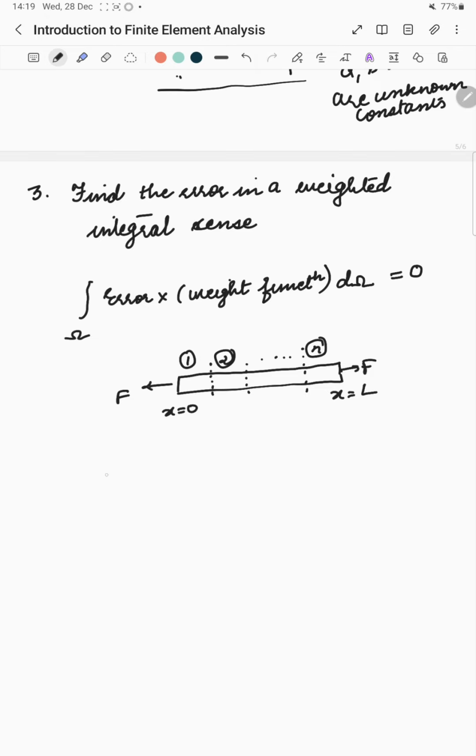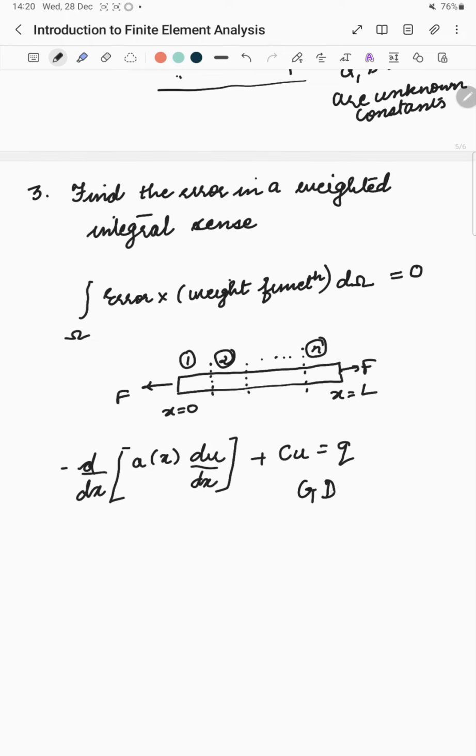The governing differential equation for this bar would be, now this is our governing differential equation.